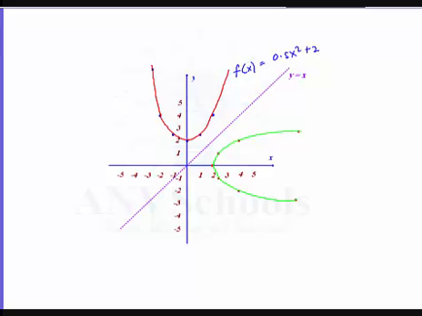And the other graph here is just our f negative 1 of x, which is equal to 0.5 y squared plus 2.